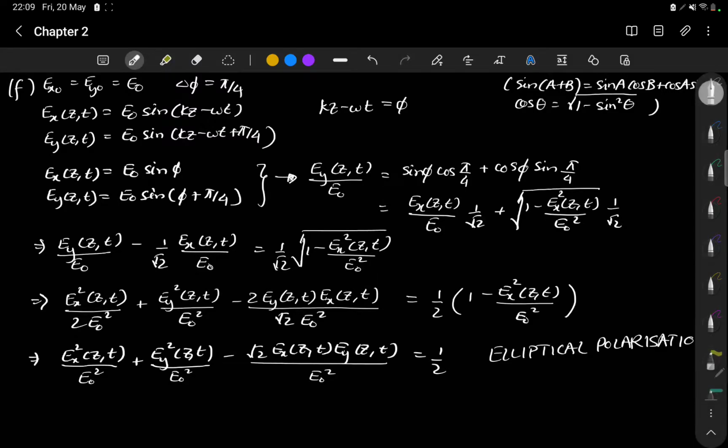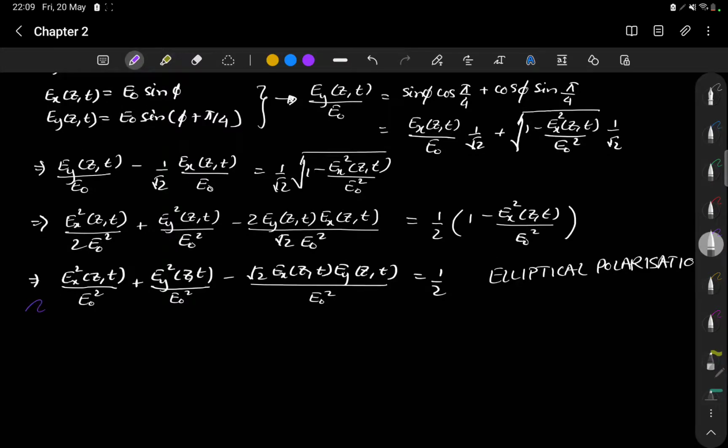Now let us write down the mathematical expression of the most general ellipse. So most general ellipse is given as follows.